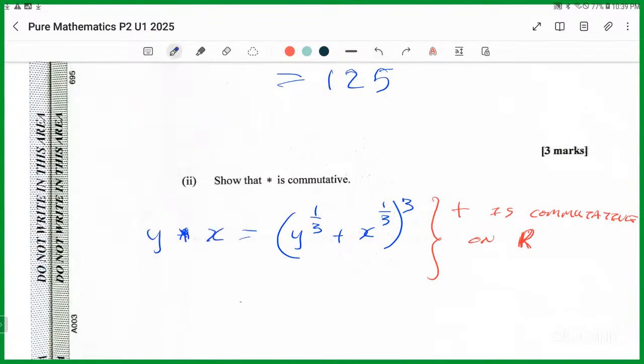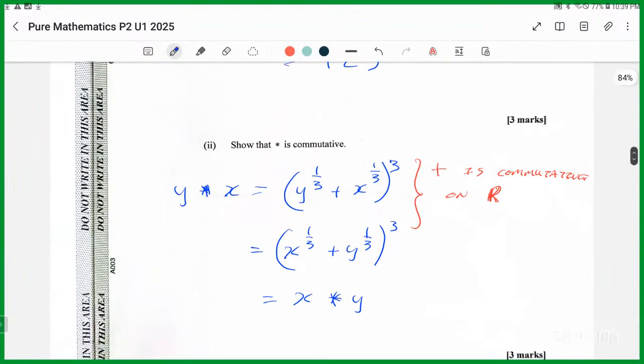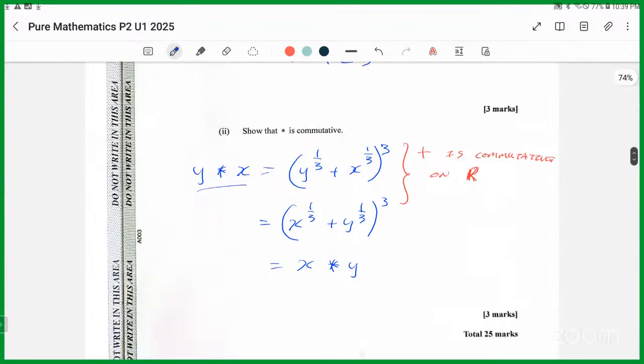Simply write this and this: x to the third plus y to the third, cubed. This right here is actually x star y. So we're showing y star x equals x star y. This is that, and therefore star is commutative. Nice and easy. 2 down, 4 to go.